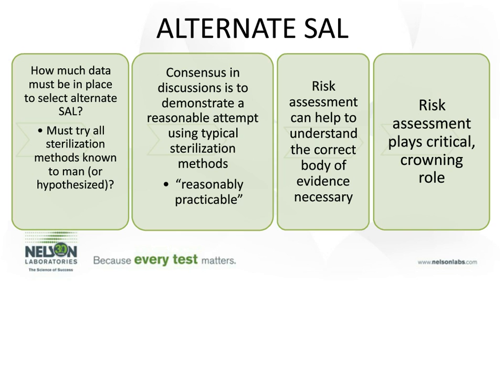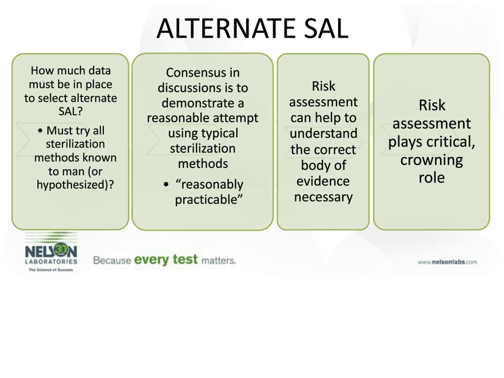And the term that we are using in this new version of ST67 is "reasonably practicable," which is kind of a mouthful, but is meant to get across the idea that you go through a reasonable attempt at showing that other sterilization methods or sterilization validation approaches are not feasible.